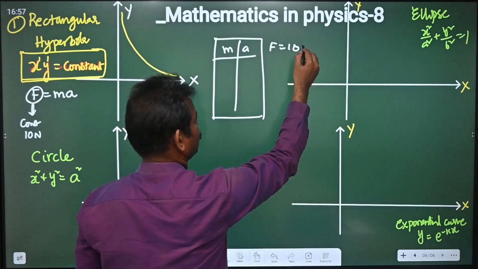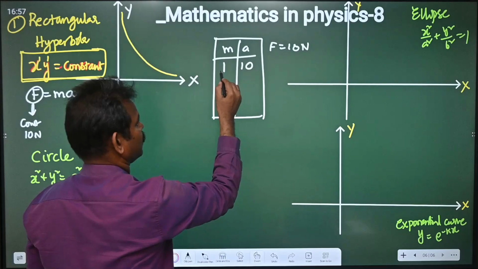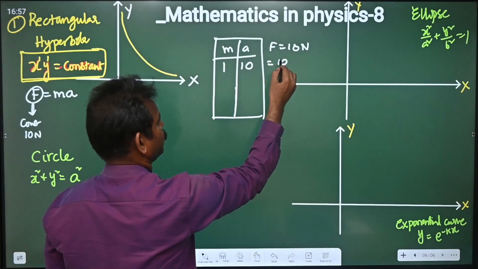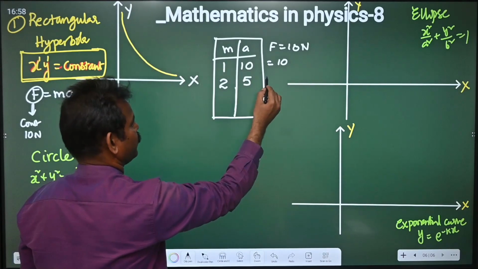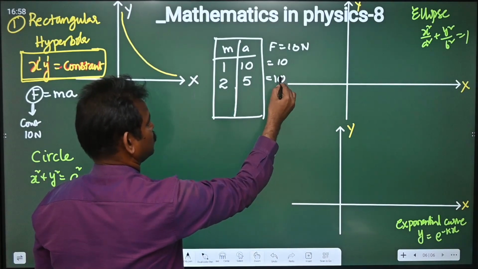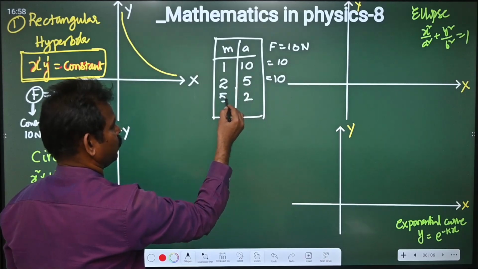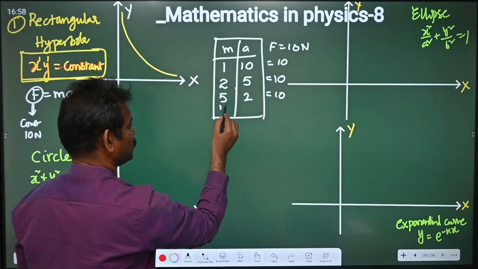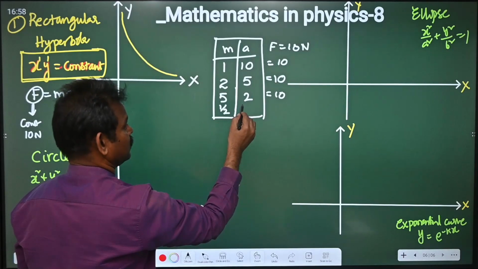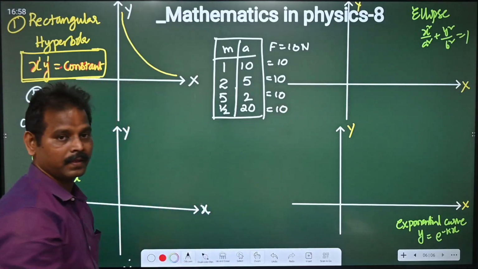Suppose mass of the body is 1, acceleration is 10: 1 into 10 is force 10. Suppose mass of the body is 10, acceleration will become 1, and the product of these two is 10. If acceleration of the body is 2, mass will become 5, and the product is 10. Suppose mass is half, acceleration will become 20, and 20 into half is again 10.